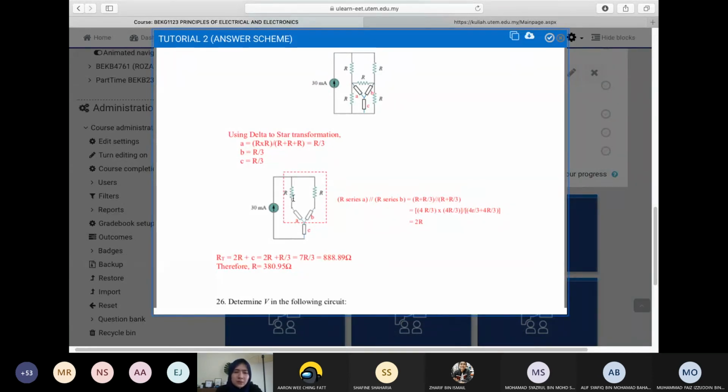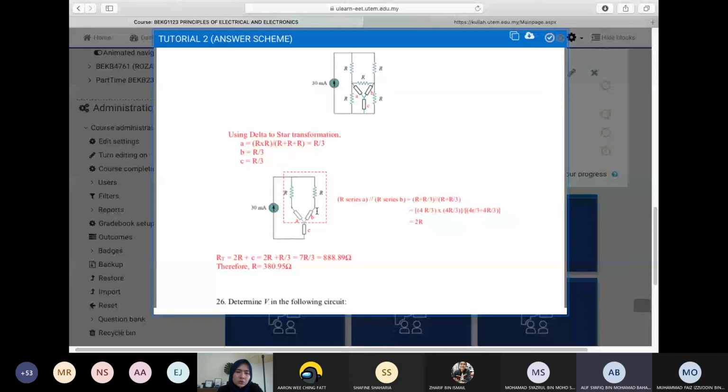So R in series with A is in parallel with R in series with B. This is normal series-parallel calculation, it's just that you use the value R. You will get this equation, and lastly this is equal to 2R.